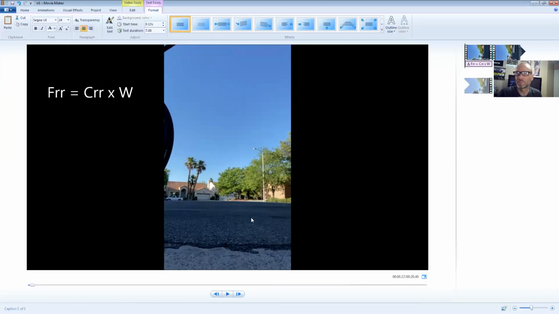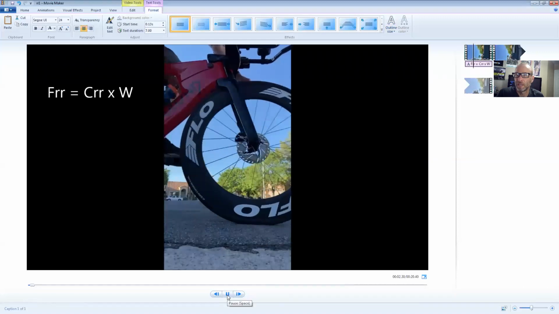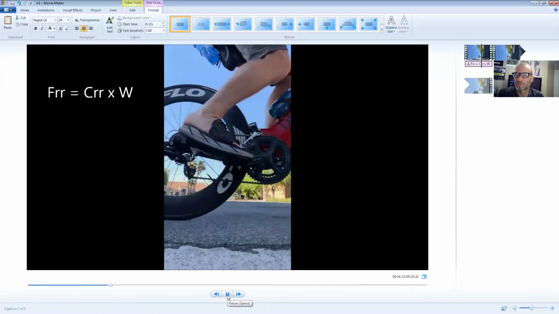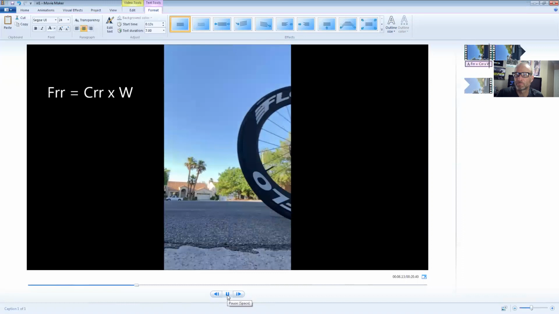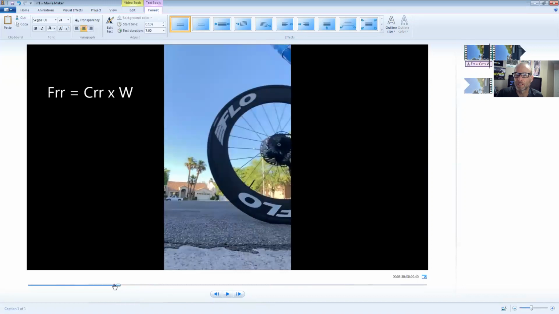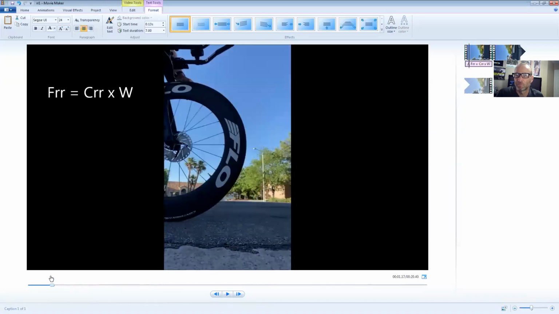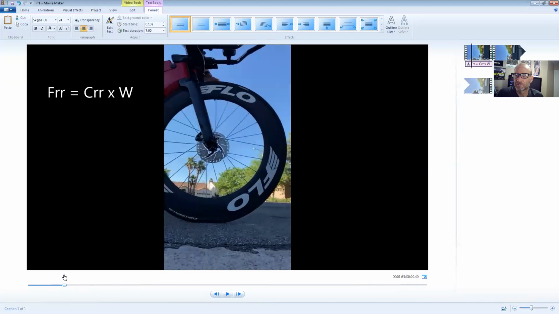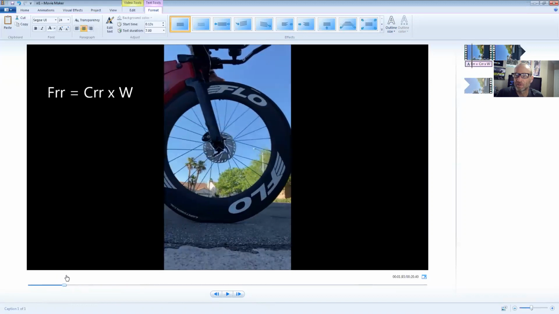So here I've just got a slow-mo of biking over the ground. And rolling resistance is the resistance to moving this bike forward. All right, let me go back. What you'll see as this wheel rolls over the ground, there's compression right here.